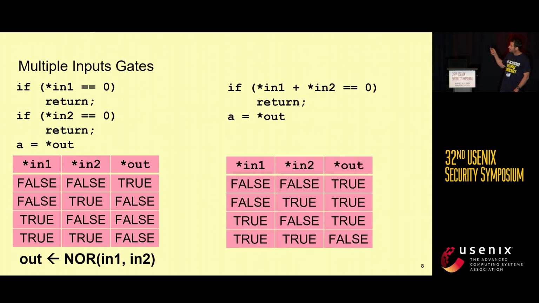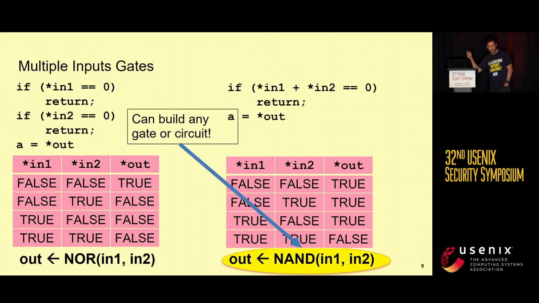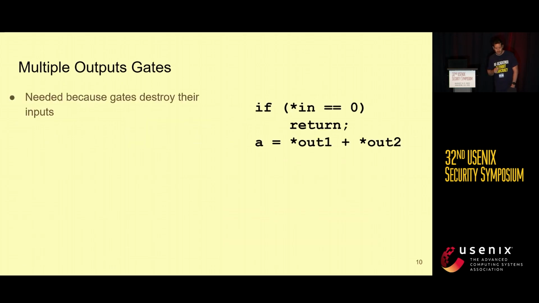And then this truth table is a very nice gate, which we call NAND. Now, if you did this basic course in electrical engineering, you know that this is a very, very interesting gate, because from this we can actually build and implement any gate or circuit that we want. So we can have what is equivalent to a full Turing complete calculation on the microarchitectural state, which is fun, at least for me, also for you.